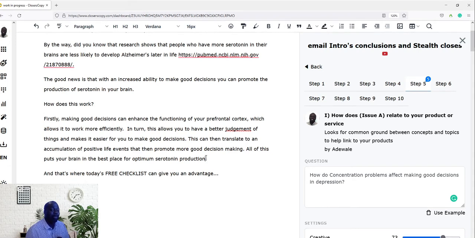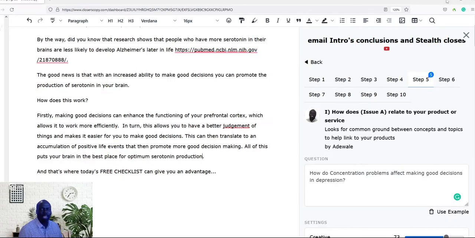So what we've really done here is we've told a story that has put more importance on this checklist that we're trying to offer the reader. And so we finish off with, and that's where today's free checklist can give you the advantage. And where does that take us to? If I go straight to the article, that's where this then comes in.